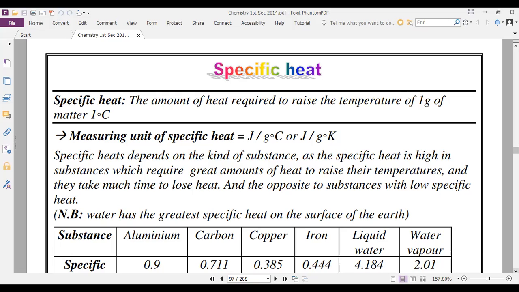Joule per gram Celsius or joule per gram Kelvin. Specific heat depends on the kind of substance.